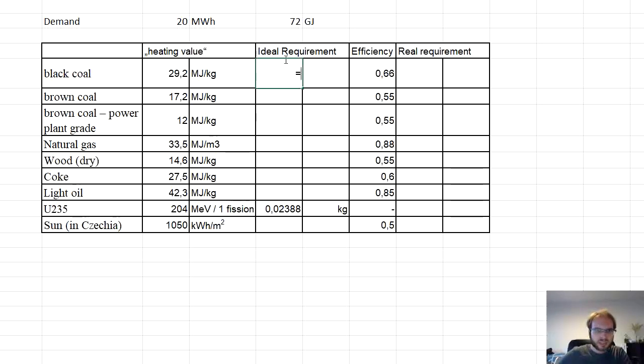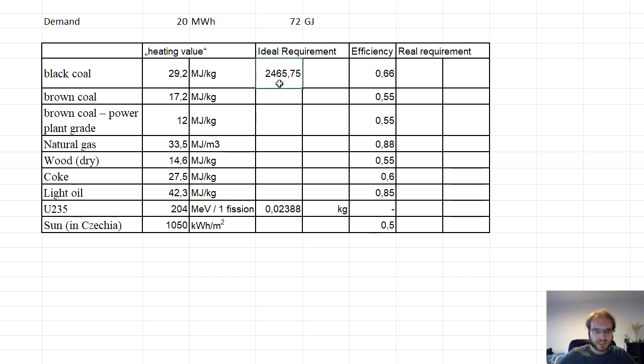So the required amount of fuel is the yearly production, here 72 gigajoules. We can convert the gigajoules to megajoules so that we have the same units as our heating values, here mostly lower heating values, and divide it by this lower heating value.